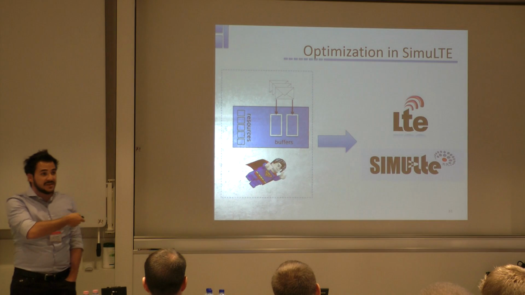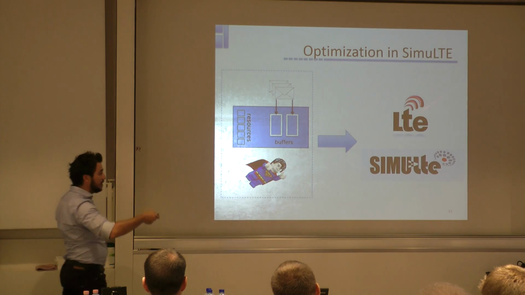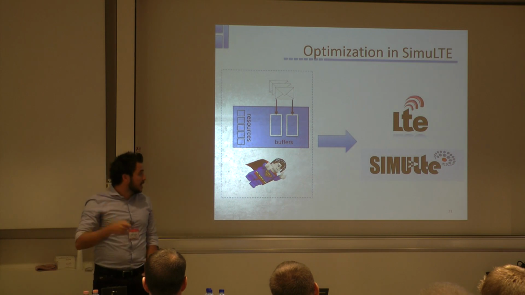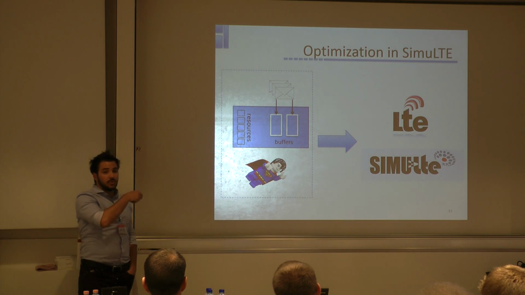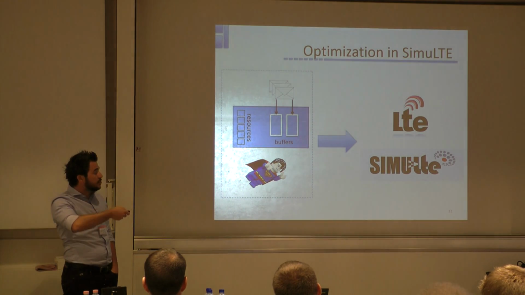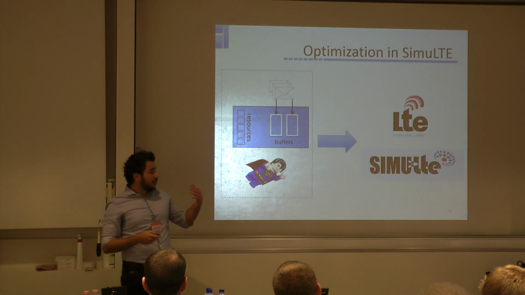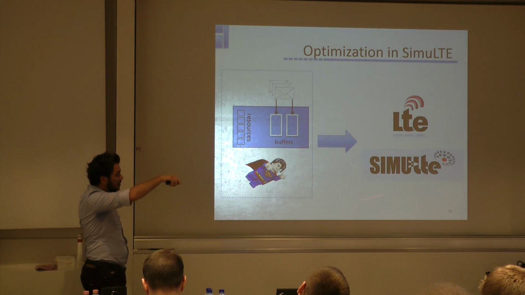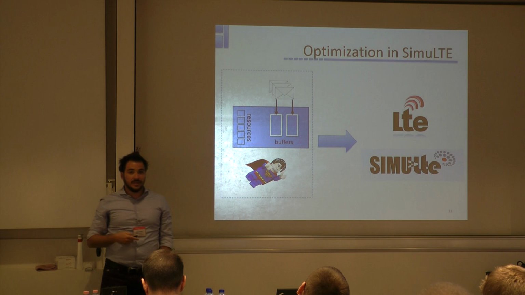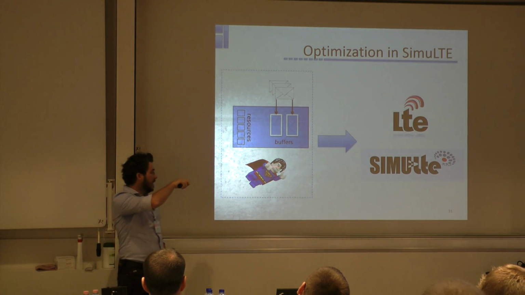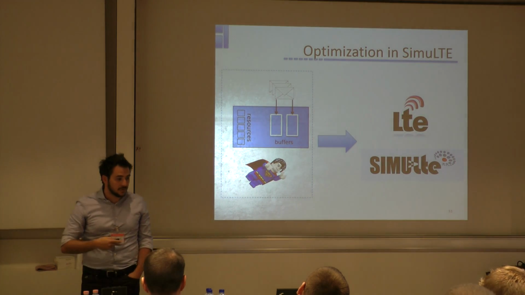SimuLTE is an INET-based model for LTE networks, and as I said at the beginning, I will not go into detail of LTE. What we will just try to do is move to this original example that we can understand and use that for LTE as well. And we will carry with us our best solution.